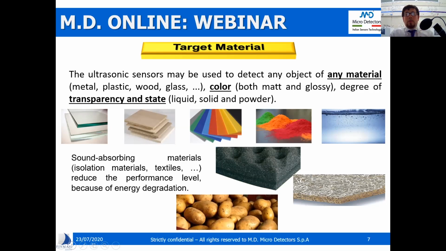And an ultrasonic sensor is not afraid of transparency. So if you have glass, or other kinds of transparent objects, you can use an ultrasonic sensor. Pay attention to sound absorbing materials, like, for instance, isolation materials and textiles, because they act like a spoon with the water.